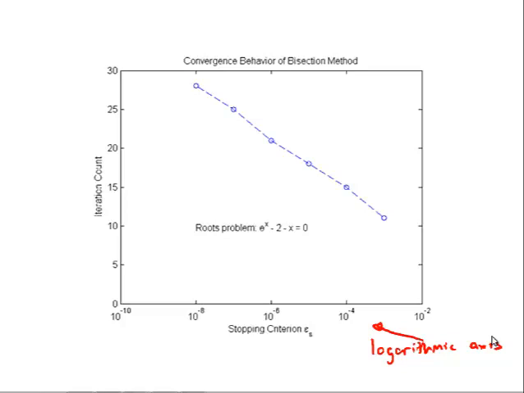And we see that as we ratchet down the tolerance, or as we decrease ES, so ES is decreasing going this way, we see that the iteration count goes up. And that's not too surprising. The tighter the tolerance, or the more precise the stopping criterion, the more iterations it takes for the bisection method to converge.